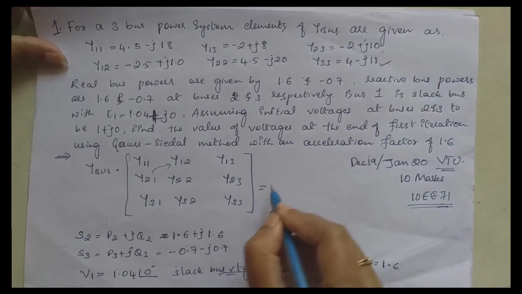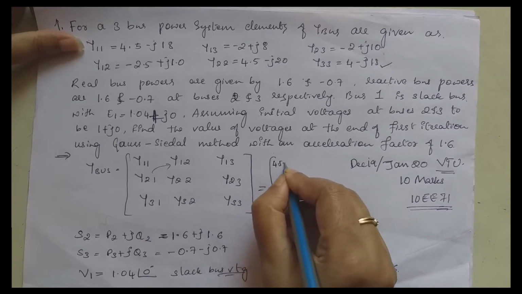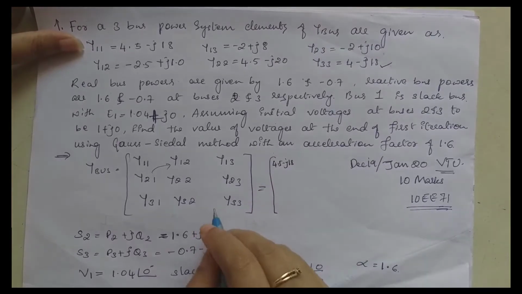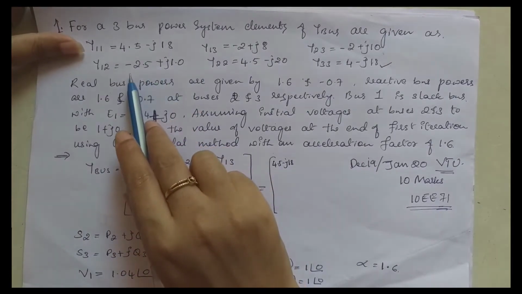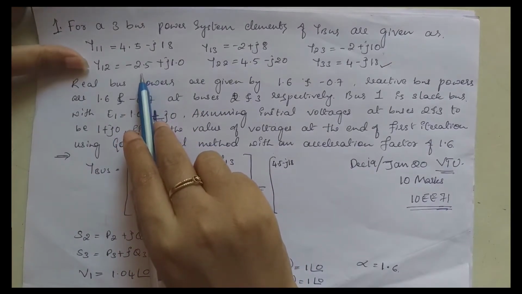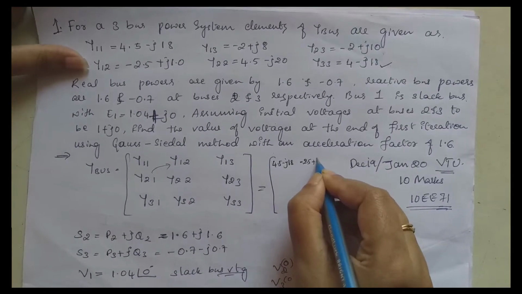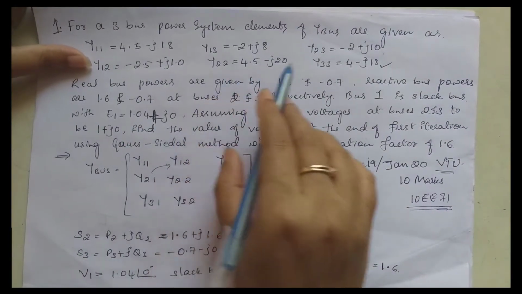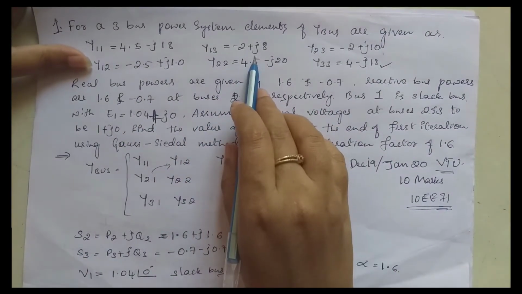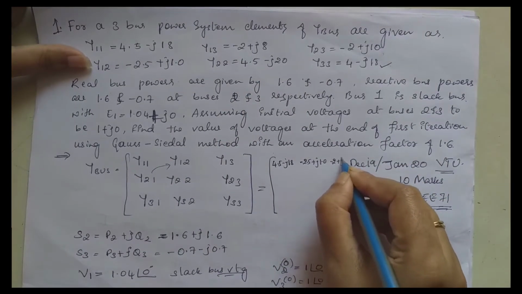Y11 is directly given, 4.5 minus j18. Y12, which is also equal to Y21, is minus 2.5 plus j1.0. Y13 is minus 2 plus j8.